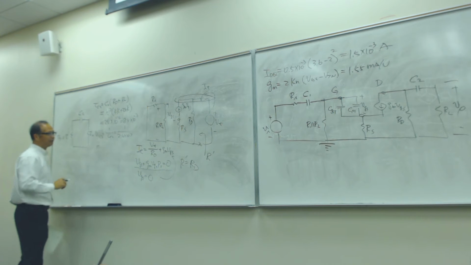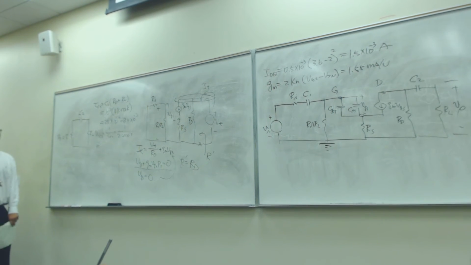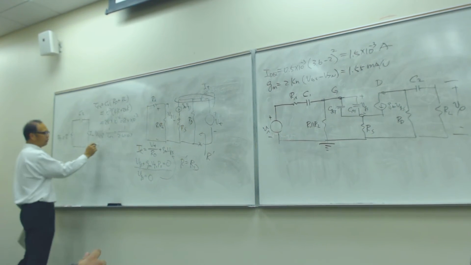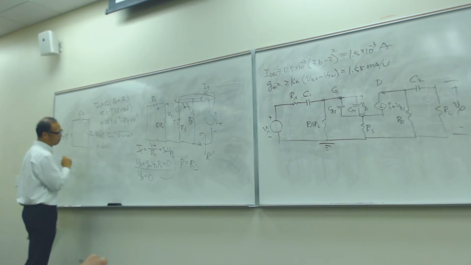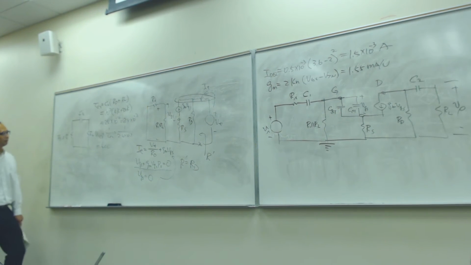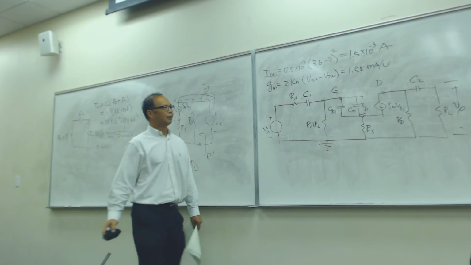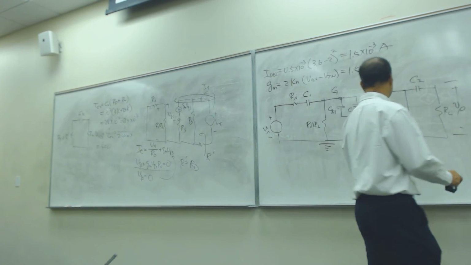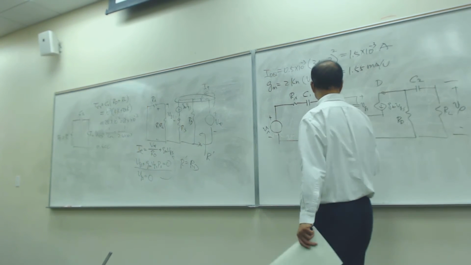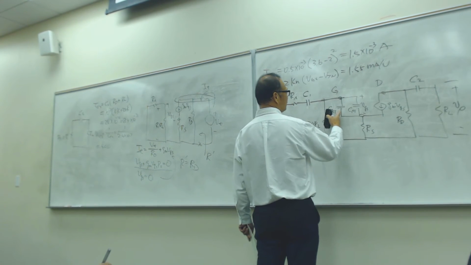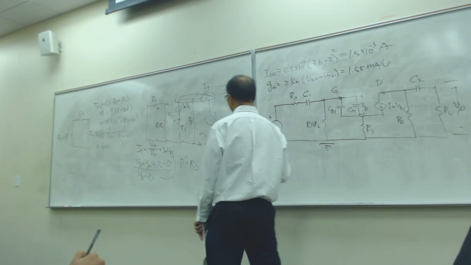So what is it? 1 divided by 2.4, that's about 400. Okay. All right. So the last one is the one that's associated with the intrinsic capacitance. Yes?